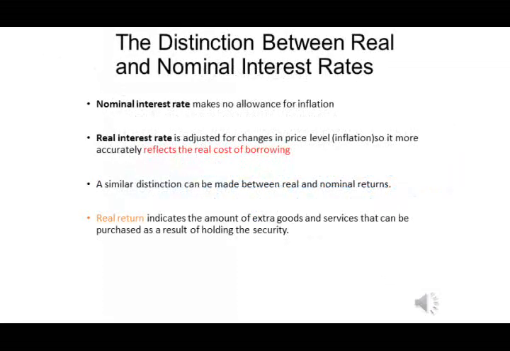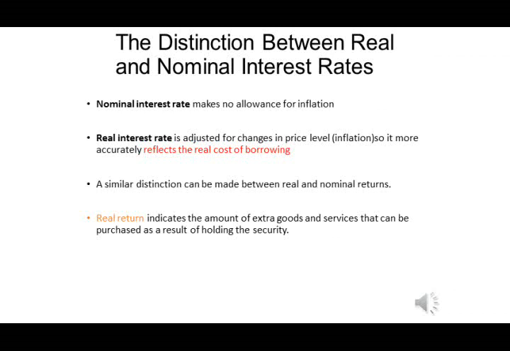We must differentiate between the real and nominal interest rates. Nominal interest rates make no allowance for inflation, while real interest rate is adjusted for the changes in the price level, which is the inflation, because we subtract the expected changes in the price level from the nominal interest rate.